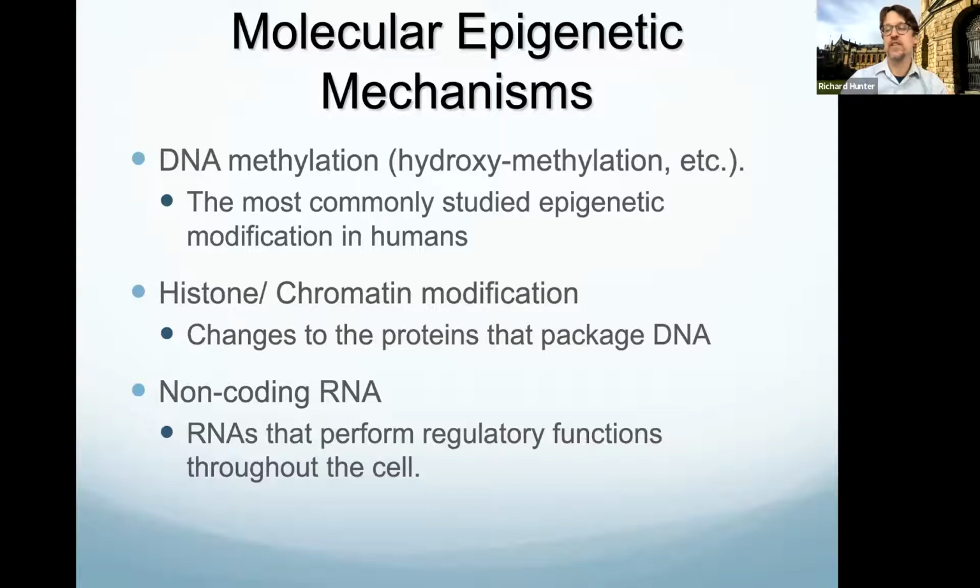So DNA methylation is often the easiest of the epigenetic modifications to study in human populations or in the field if you're a field biologist. Histone and chromosome modifications change these proteins that package DNA, and so change the accessibility of DNA to the machinery that transcribes it and produces phenotype. Non-coding RNAs are a huge variety of RNAs that perform various regulatory functions throughout the cell.